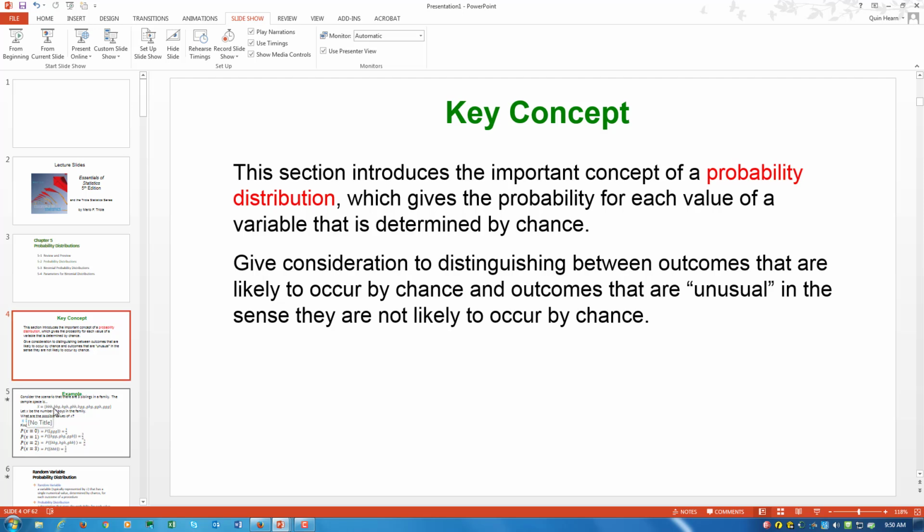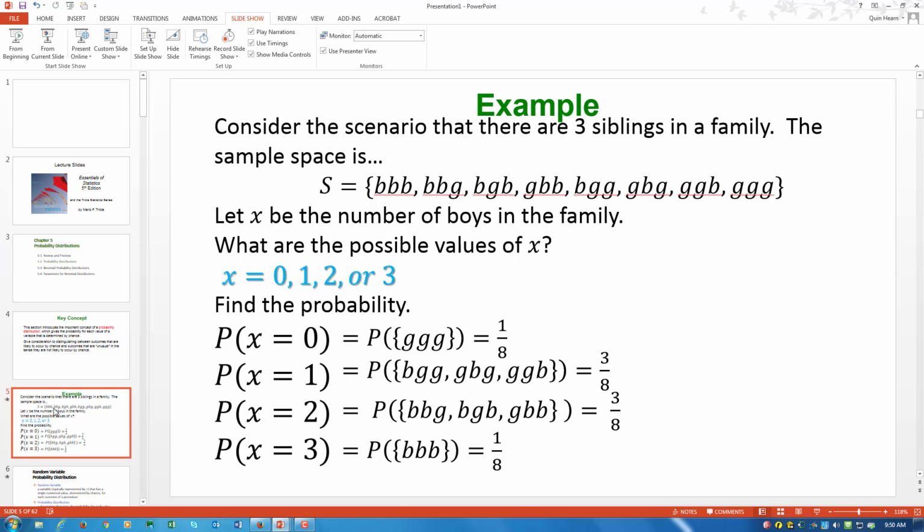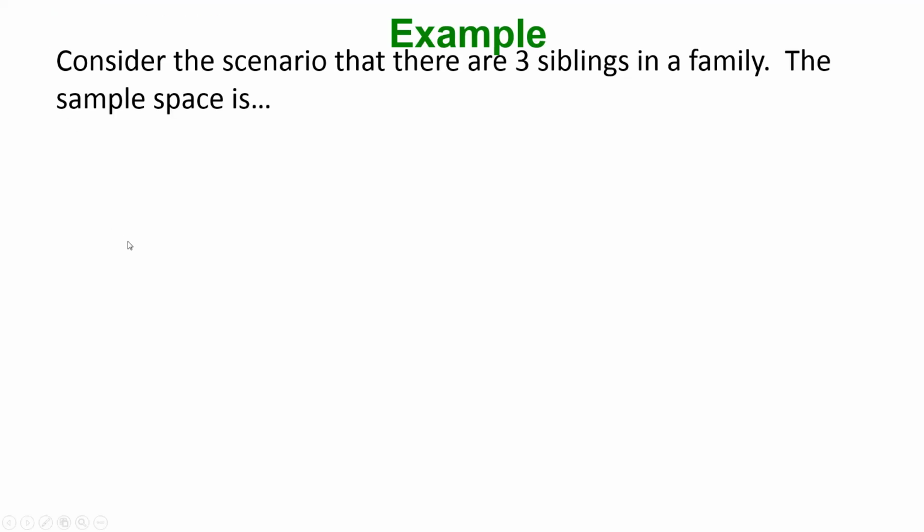I do want to go to the slideshow version of this. Okay, so consider the scenario that there are 3 siblings in a family. Remember, what do I mean by the sample space for that?